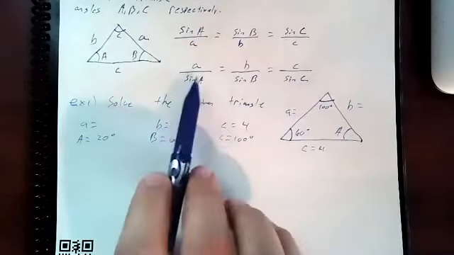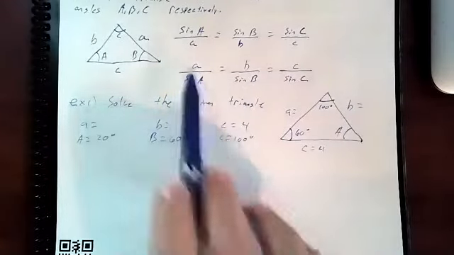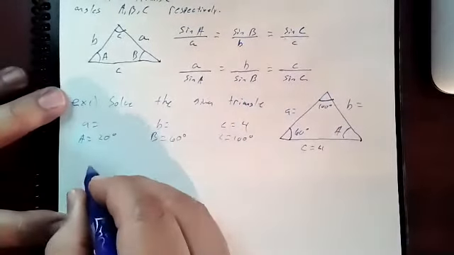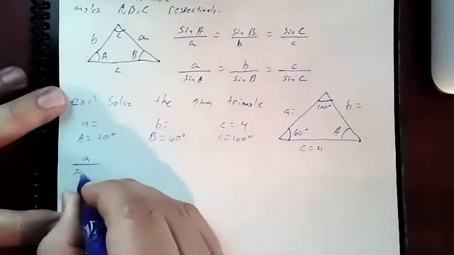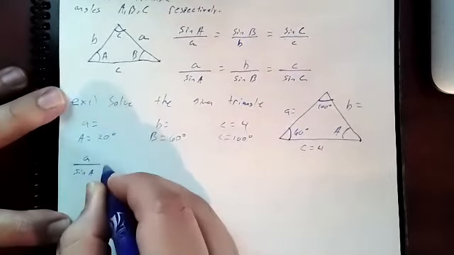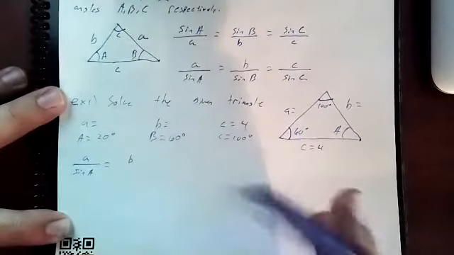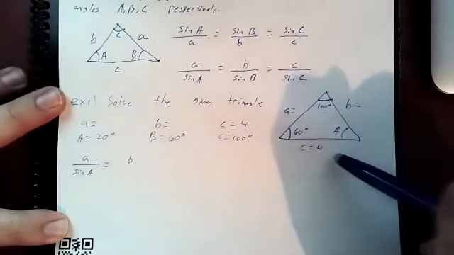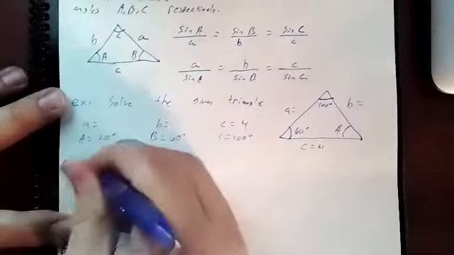But let's go ahead and use these formulas here to find little a. So here we go. I'll do it in general so you can see what's going on. So sine a over A is equal to b over sine B, right? Well, hold up. We don't want to use a and b because those are both unknown.